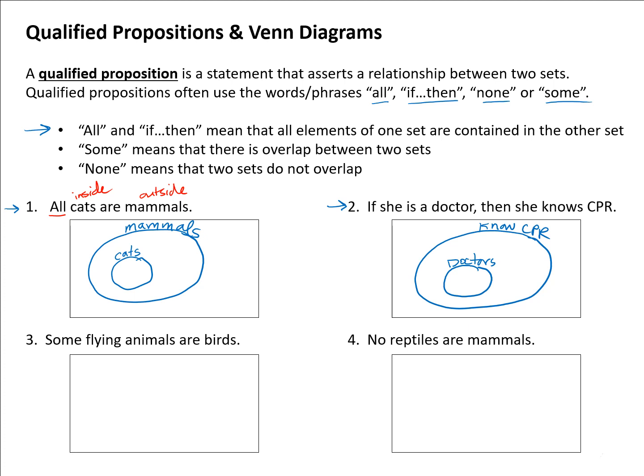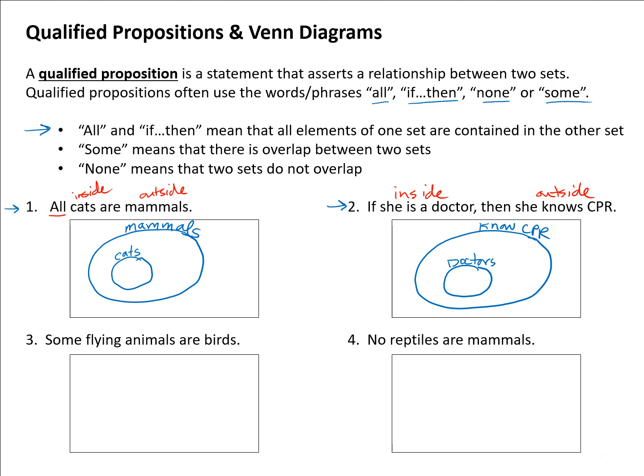So all inside set are outside set. Okay, and the same thing with if-then. If represents the inside set, and then represents the outside set. So any all statement or if-then statement can be written with one set inside the other set to understand how these two nouns or objects relate to each other.